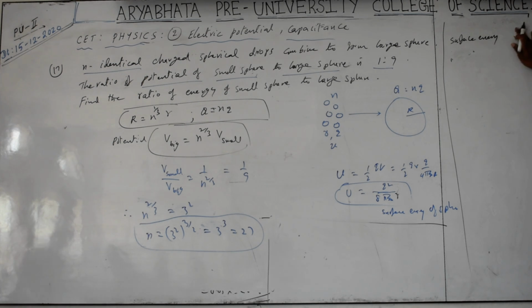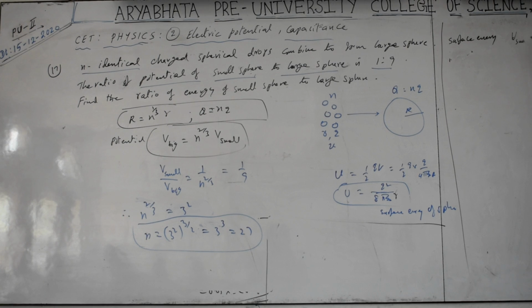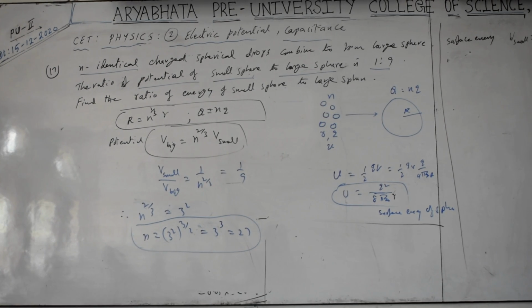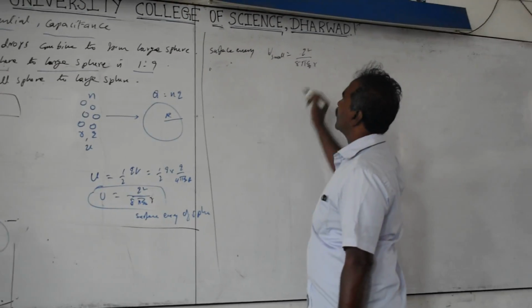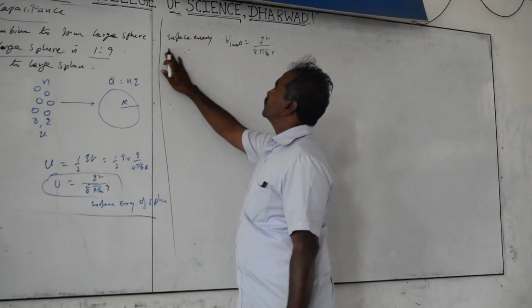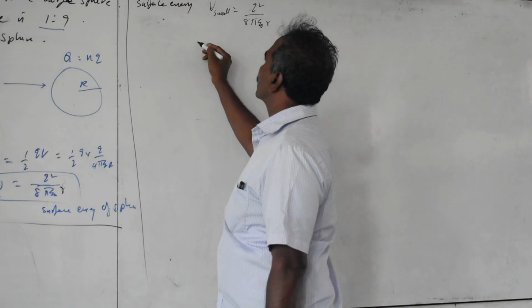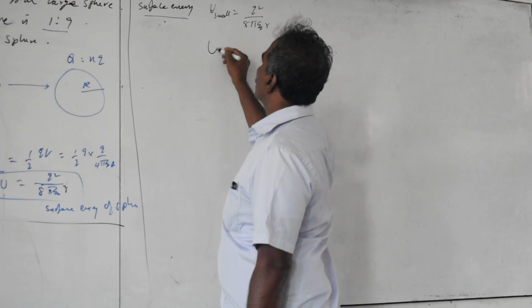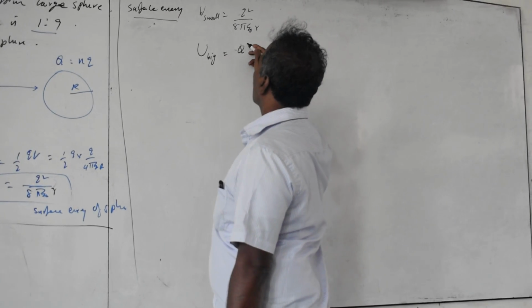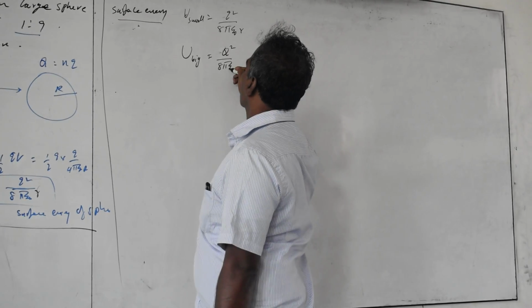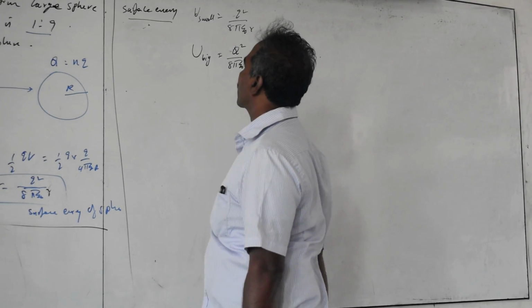U small is equal to q square by 8 pi epsilon into r, and U big is equal to capital Q square by 8 pi epsilon into capital R.